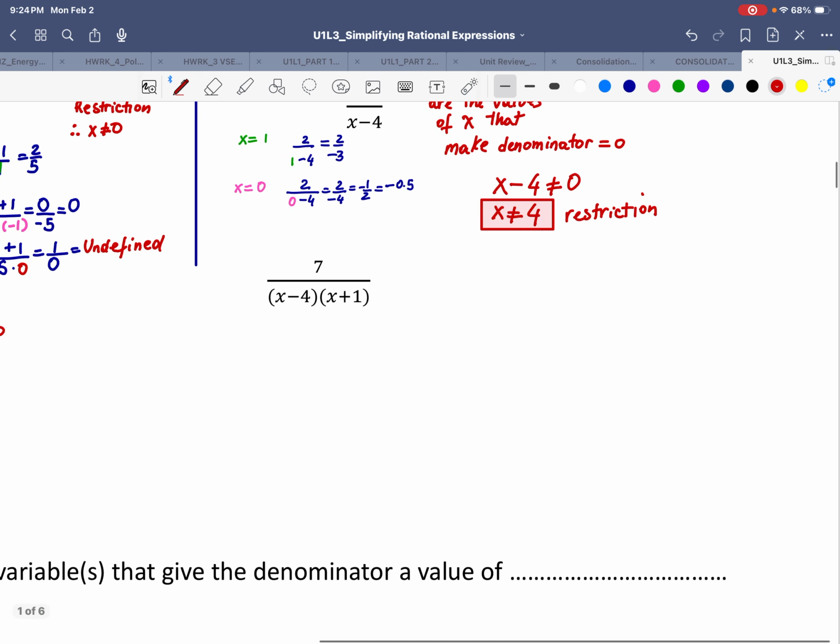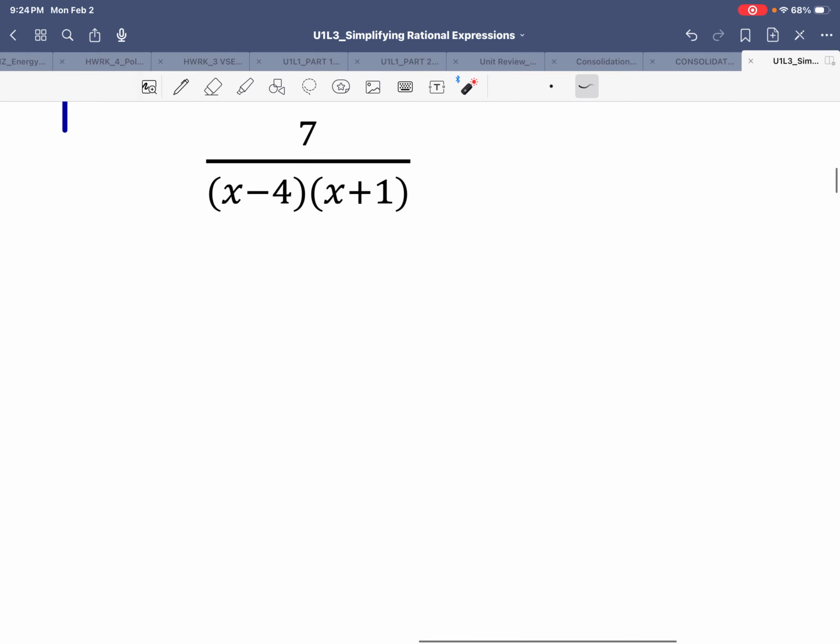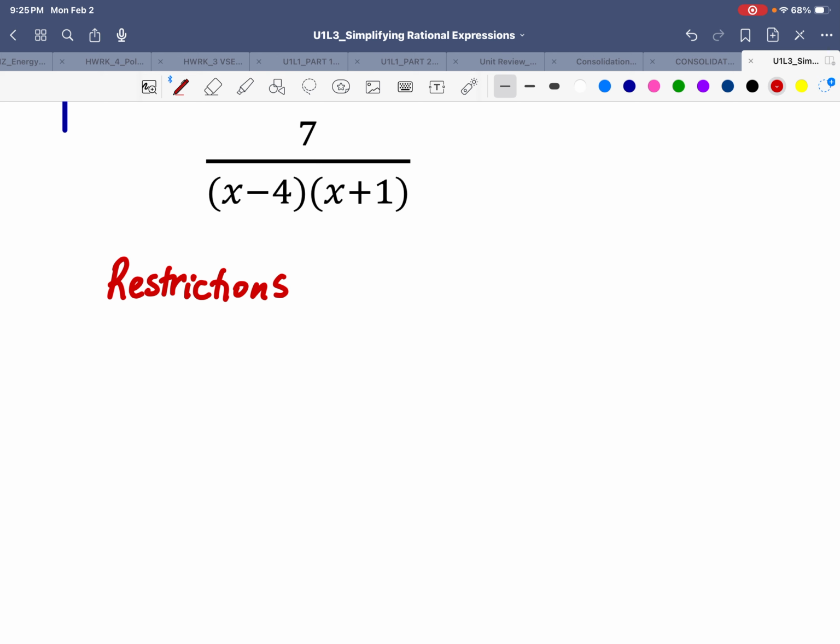Now let's take a look at another example, slightly different. As you can see in here, the numerator has just a constant number and the denominator has 2 factors, each of them in binomial form. If either factor has a value of 0, 0 times anything will give 0, and anything times 0 will be 0. So if you want to state the restrictions, you have to make sure that the first factor is different than 0, and the second one is different than 0.